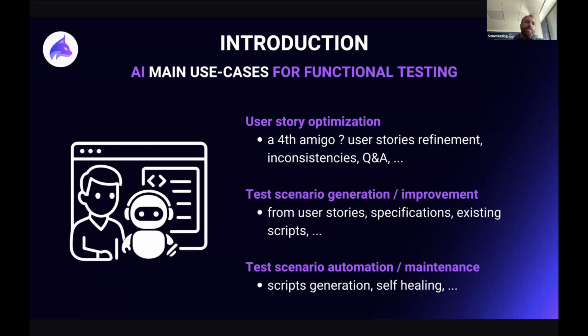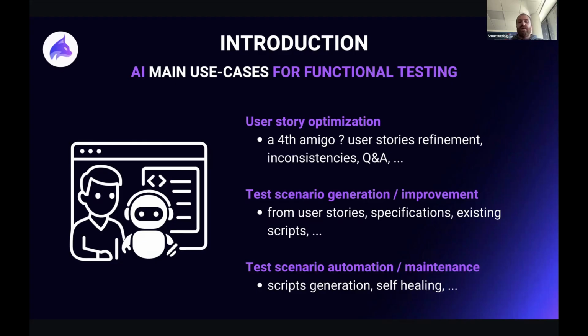Also, we are seeing more and more test scenario generation or test scenario improvement. If you start from user stories, specifications, or existing scripts, AI can help to refine and improve your test scenarios or to update them.